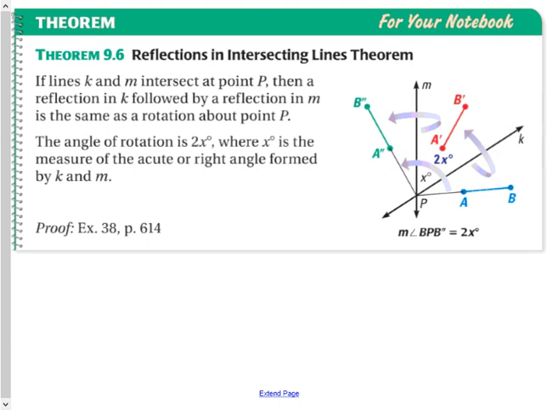Reflections. If we have a double reflection, it's the same as a rotation. Now notice the rotation angle is whatever the measure is between our 2 reflection lines, doubled. So if our lines are only 20 degrees apart, and we reflect it over one and then reflect it over the other, again 20 degrees apart, the rotation equivalent would be 40 degrees.